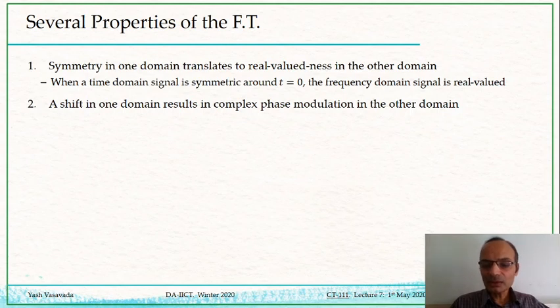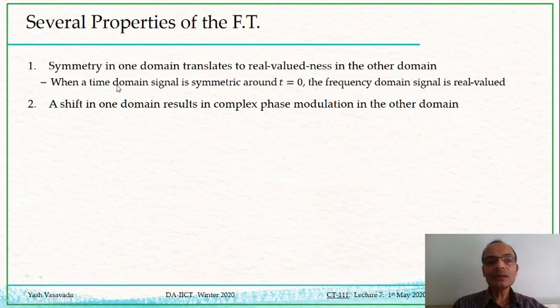But in case you end up working on these transform domain relationships, this is something that is very useful to keep in mind. And there are some very powerful applications that you can draw out of this property, which says that if the signal is symmetric in one domain, in the other domain it becomes real valued.